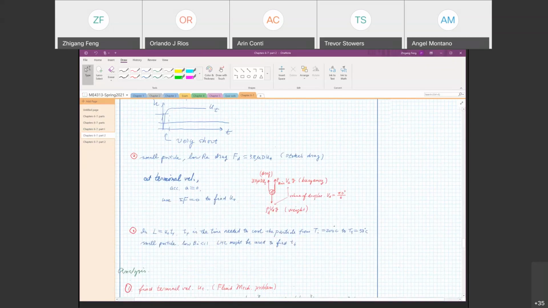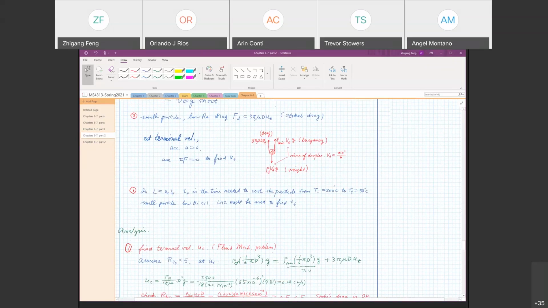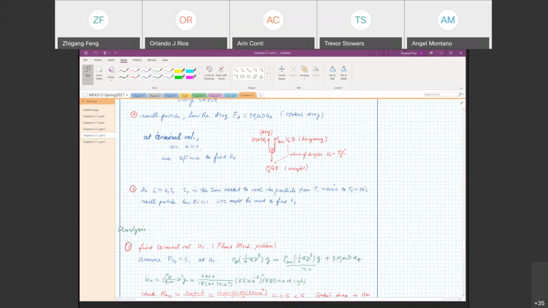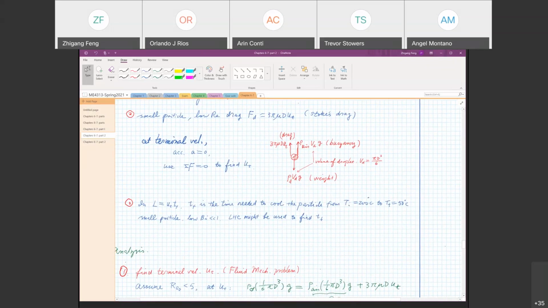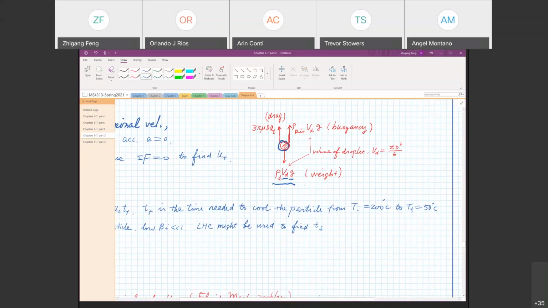To find the terminal velocity, we use the force balance equation. This is a sphere. The forces acting on the sphere include the weight, which is the density of the droplet multiplied by the volume of the droplet, V sub d, multiplied by g. That's the gravity force, pointing downward.